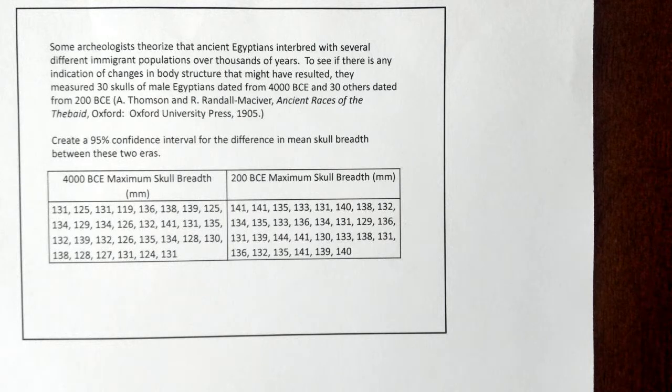So you have this problem in your notes about some archaeologists who have this theory that when ancient Egyptians interbred with other immigrant populations over thousands of years, their body structure might have changed. And so they took 30 skulls of ancient Egyptians, and they looked at just the males, I guess, so that they could have some consistency.